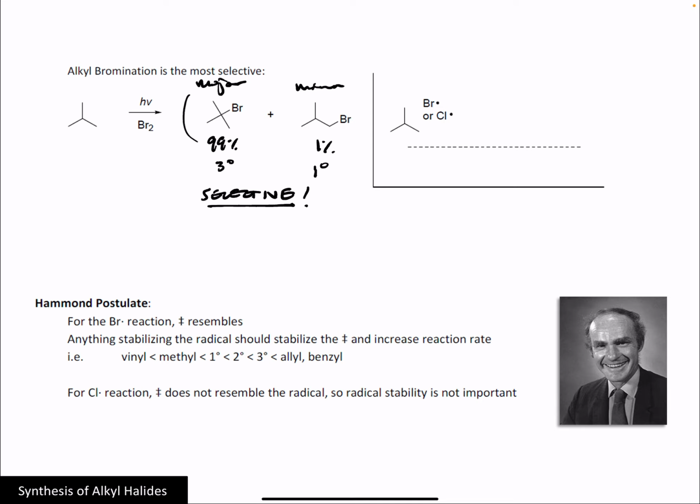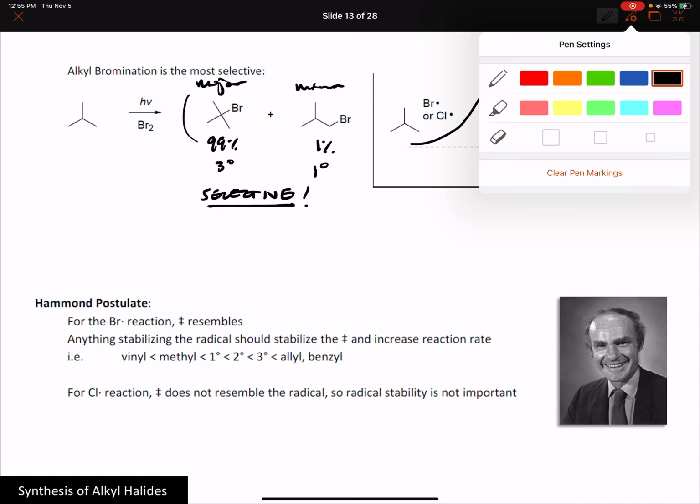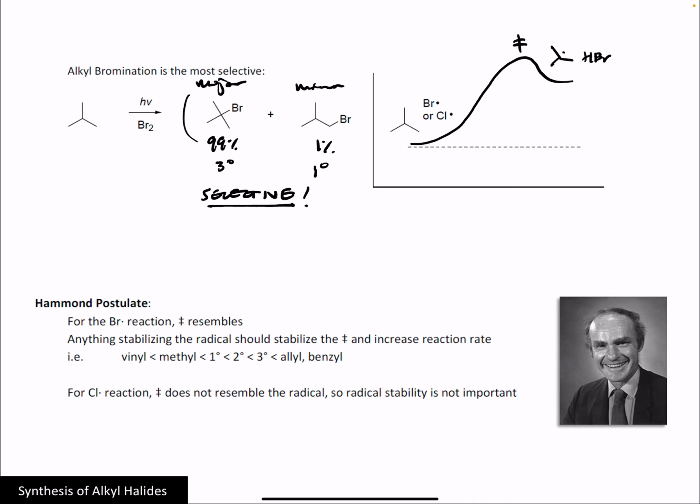And the reason for this is, if we draw the energy diagram, if we look at this first step where the radical abstracts the hydrogen, the first step for the bromination is endothermic. So you make the tertiary radical in this case, and then HBr. Should we go red? Probably should. It turns out for chlorination, the first step is exothermic.